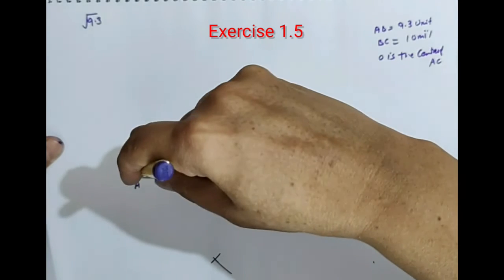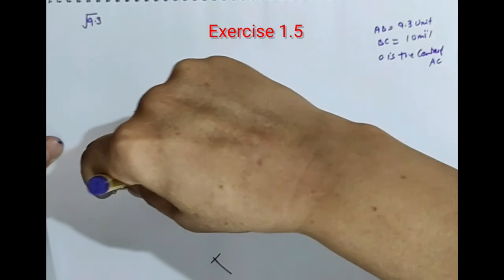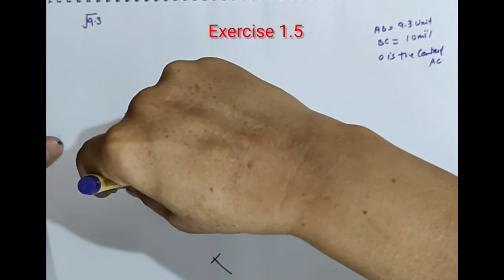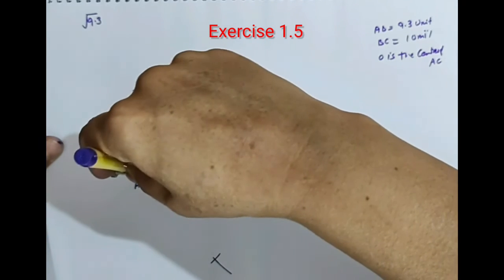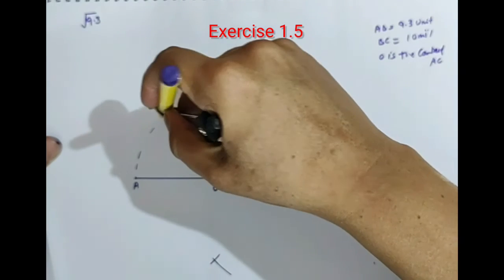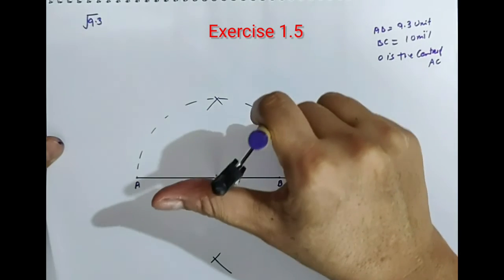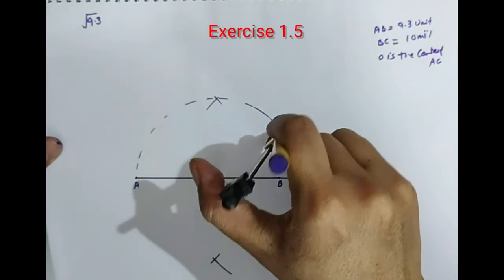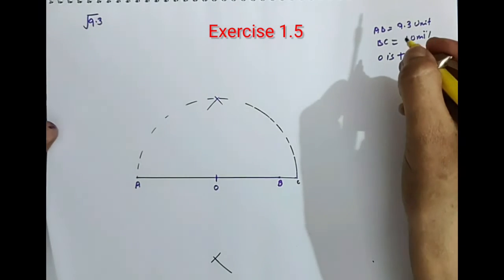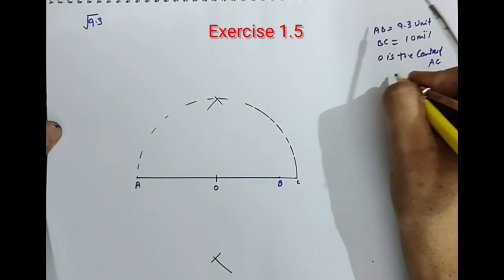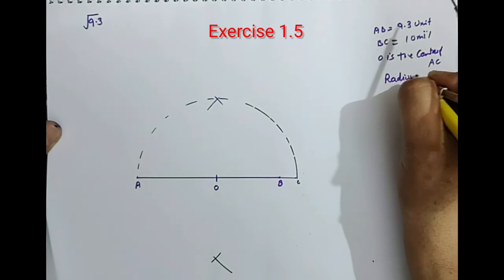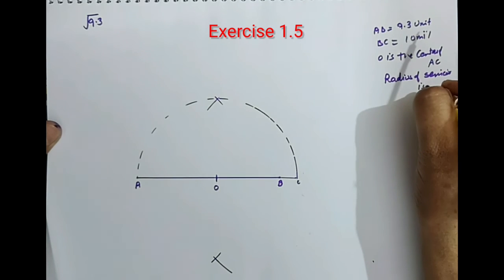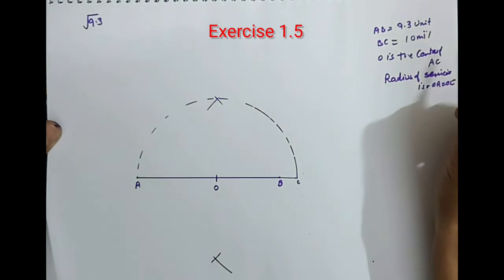From O, draw a semicircle whose radius is equal to OA or OC. We'll draw this circle with dotted lines. The radius of the semicircle is equal to OA, equal to OC.